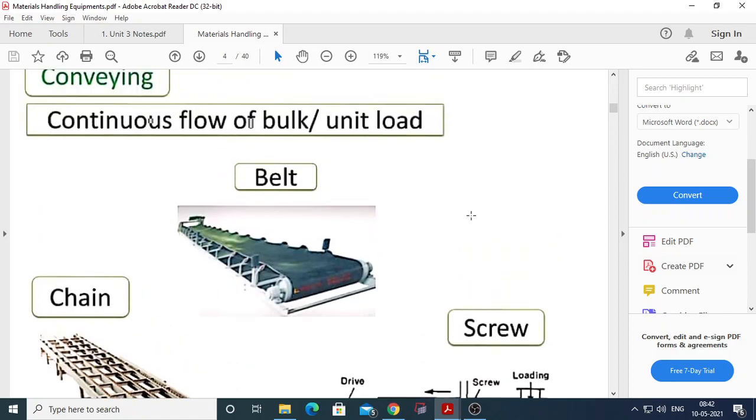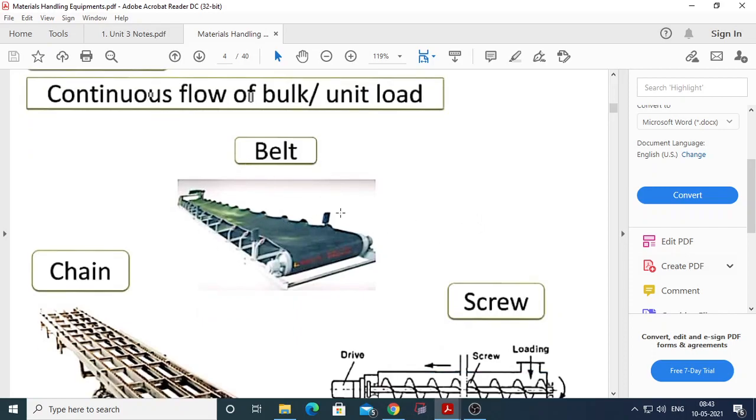Okay, but we'll say this is the continuous flow of bulk or unit load. Both types of load we can transfer with the help of conveying. Okay, this is used for moving load horizontally, or in an inclined direction, along a fixed path in a continuous flow.